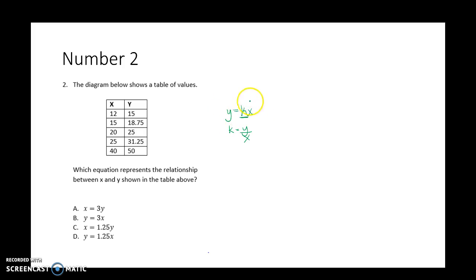Okay, so looking at my formula and knowing that it's y equals kx, does this look like my formula here with a, x equals 3y? No, so I'm going to eliminate that. Y equals 3x, that could make sense. X equals 1.25y, nope, that doesn't look like my formula. Y equals 1.25x. Okay, so now I have a 50-50 chance.